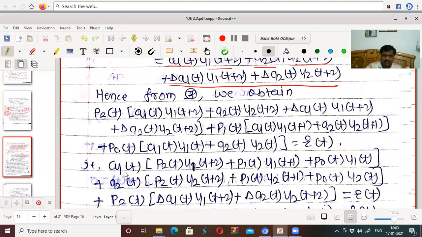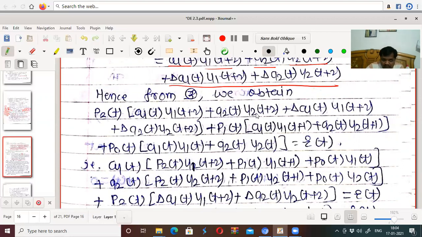rt. Okay, now take a1t common from this term, this term and this term. We get a1t into p2t u1t plus 2 plus p1t u1t plus 1 plus p0t u1t. Similarly, take a2t common.